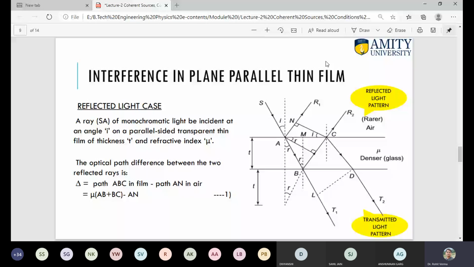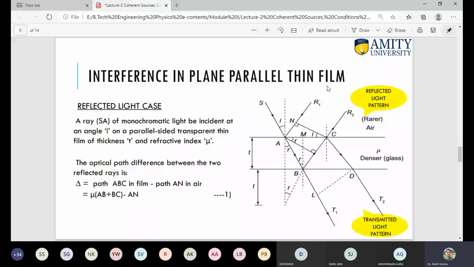But if we replace this source with a sodium lamp, an extended monochromatic source of light, then at this place you will get alternate dark and bright fringes. But if you are using sunlight, you will be getting colored fringes.